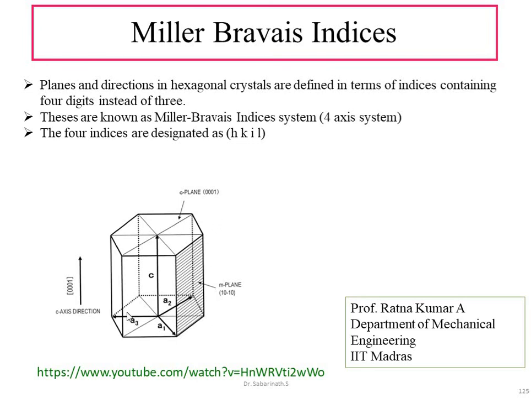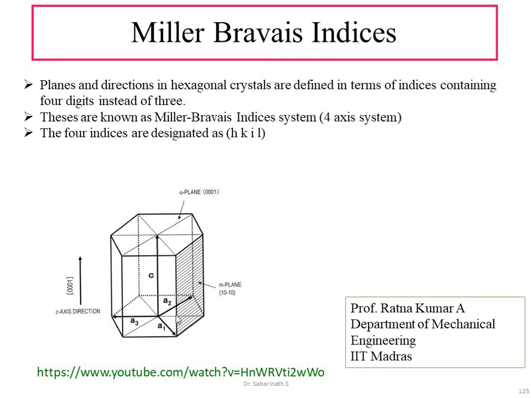This is a hexagonal close-packed structure. Here we have various planes, like the top, which is known as the C plane, and the side, which is known as the M plane. Here we have four directions: three base directions and one vertical height.